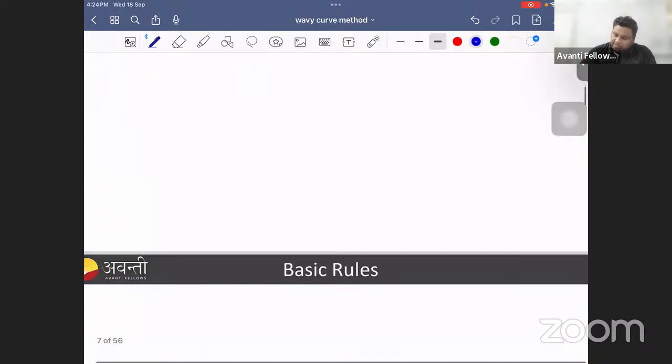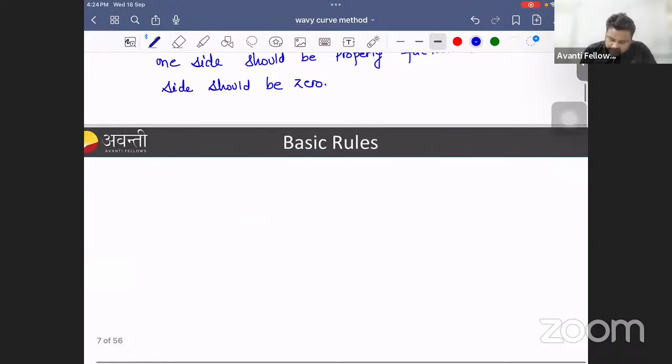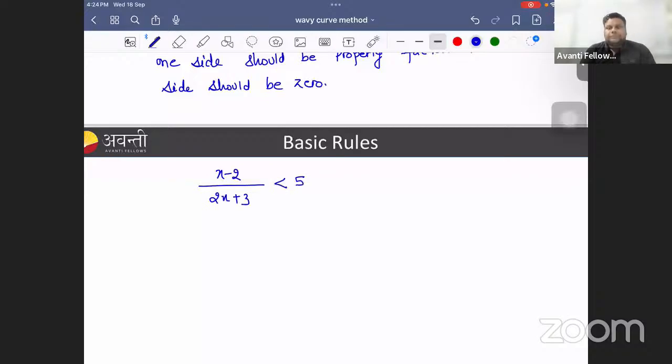Like if I have a question, (x minus 2) upon (2x plus 3) say less than or equal to 5. You want to solve it. Now the right side is 5. Got it?